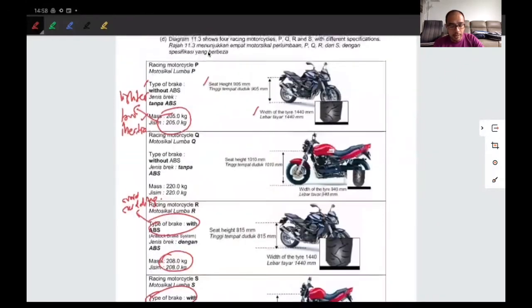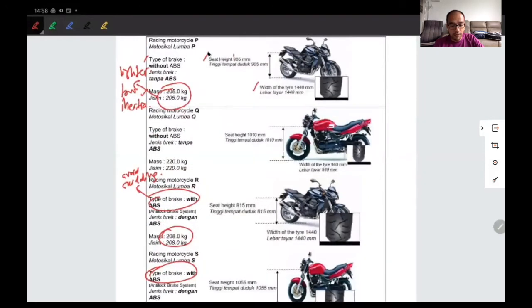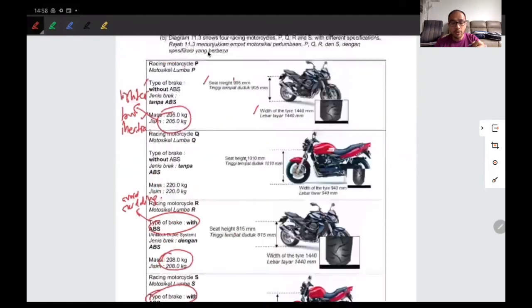Seat height. You have 4 different choices: 905, 1010, 815, and 1055. So it's either higher seat height or lower seat height. Think about racing motorcycles. We usually want lower seat height. The reasoning for low height is a low center of gravity.